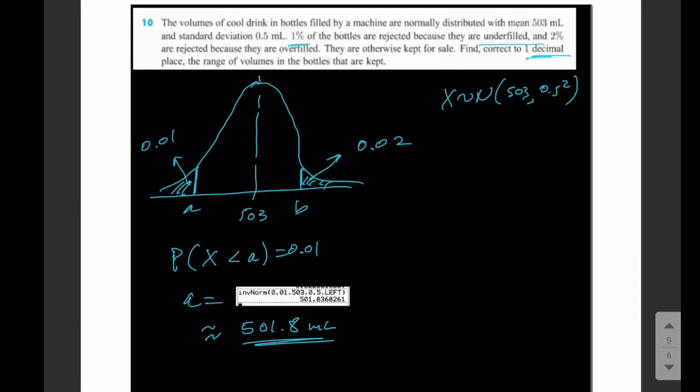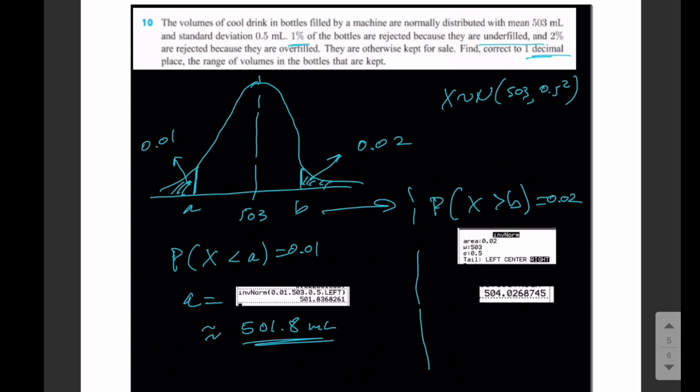So this is the left side. And let's talk about B. For B we have probability of x greater than B equals 0.02. So here we're going to do the right side inverse norm, and we get that B is 504.0 milliliters. Okay, and I think you do need the 0 because that's what they were asking.